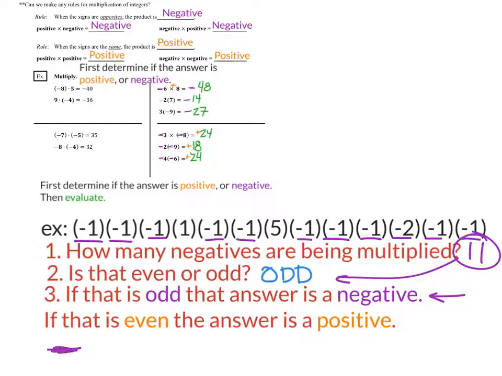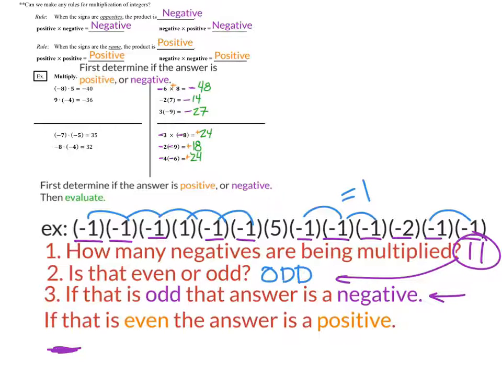Negative what? Now this is where people start to get confused or a little bit troubled because it's such a long problem. But remember, 1 times 1 times 1 times 1 times 1 times 1, and I'm even going to skip the 5 there, right? Times 1 times 1 times 1 times 1, all of that equals 1.